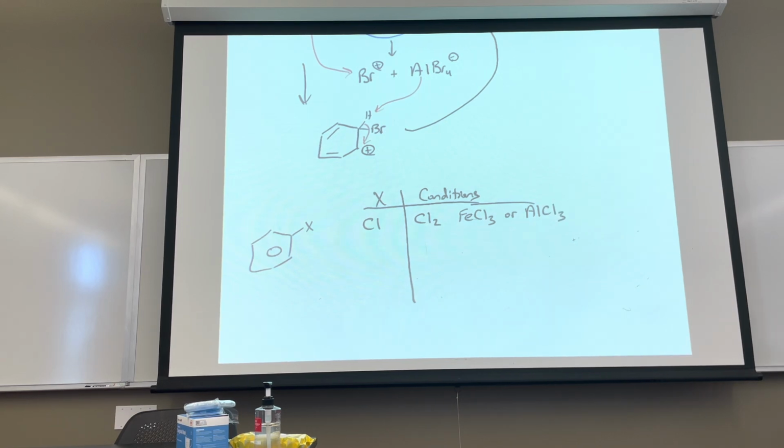So before we were trying to put bromine on the ring, so we used iron bromide and aluminum bromide. Here we're trying to put chlorine on the ring, so we're going to use iron chloride and aluminum chloride. So we already looked at how to brominate. Very analogous conditions.